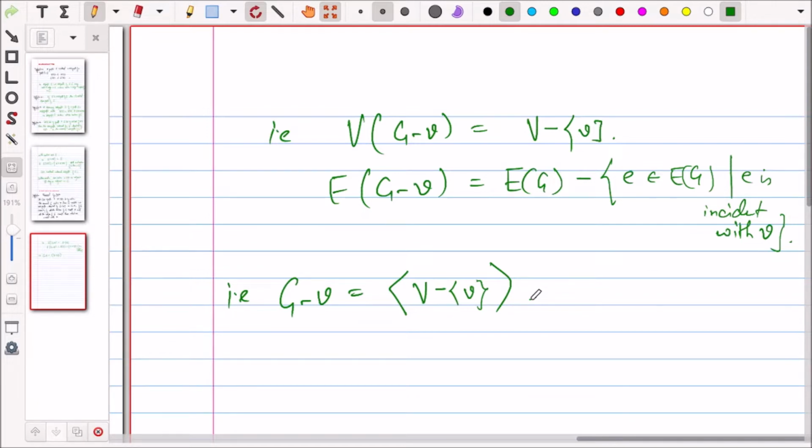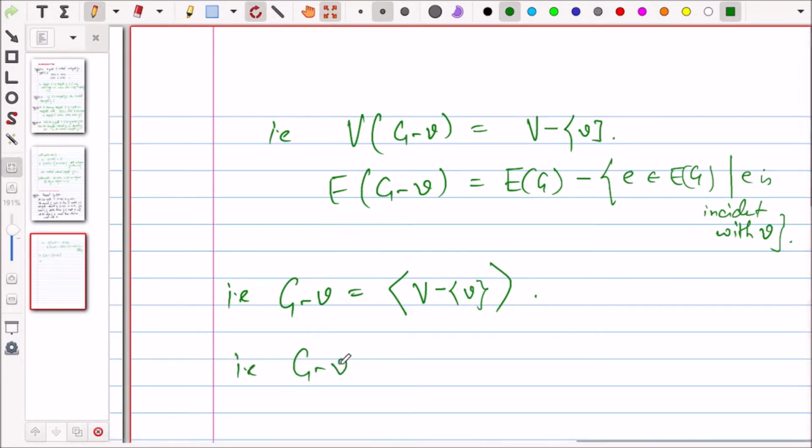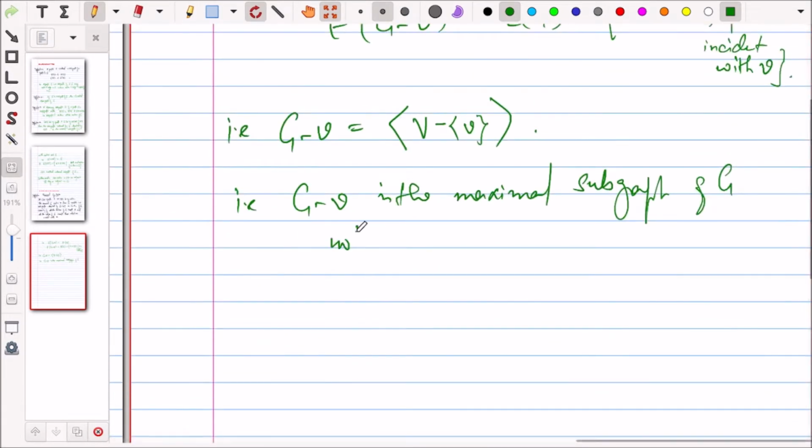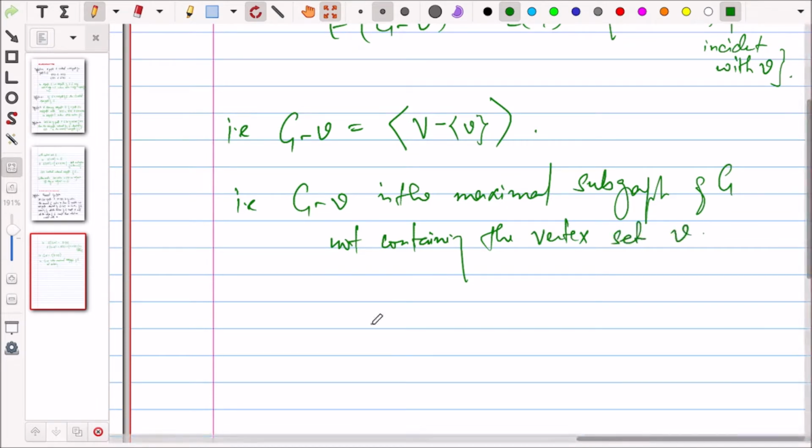Is it fine? It is the maximal subgraph not containing the vertex v. That is, G minus v is the maximal subgraph of G not containing the vertex v.